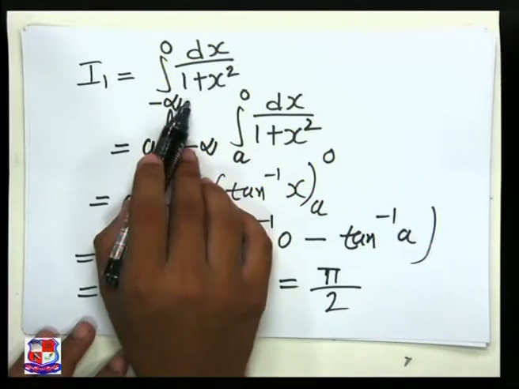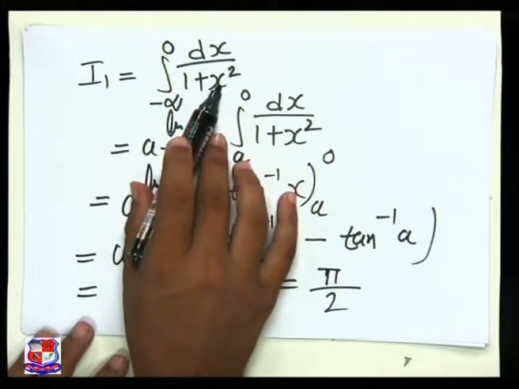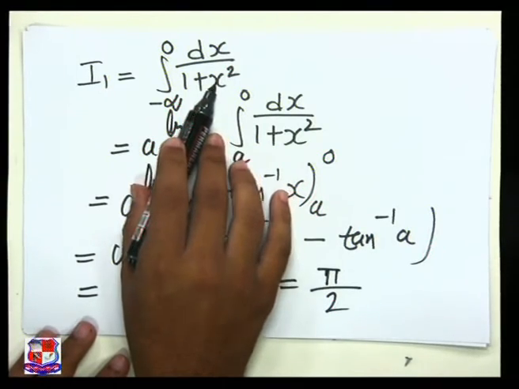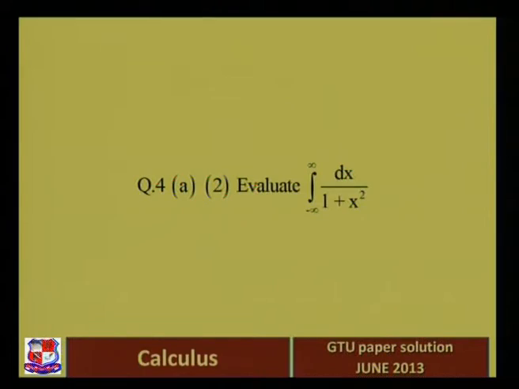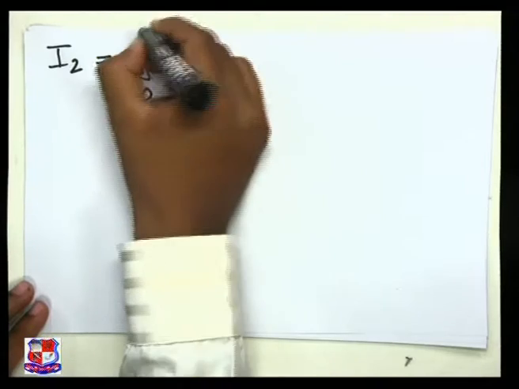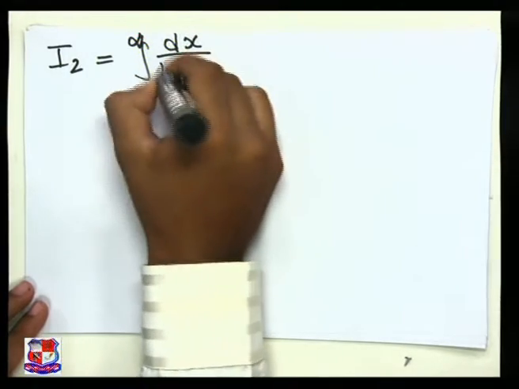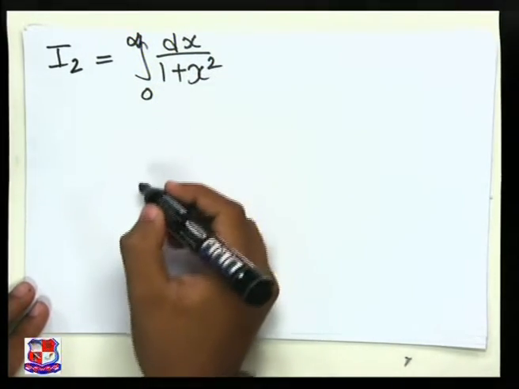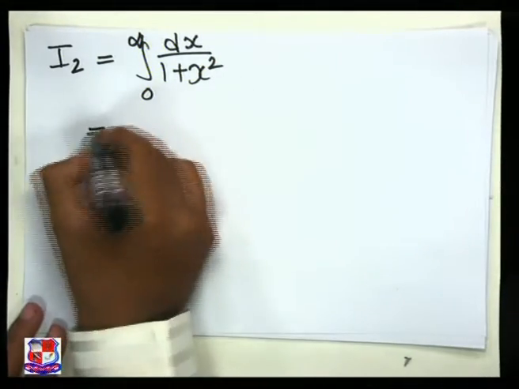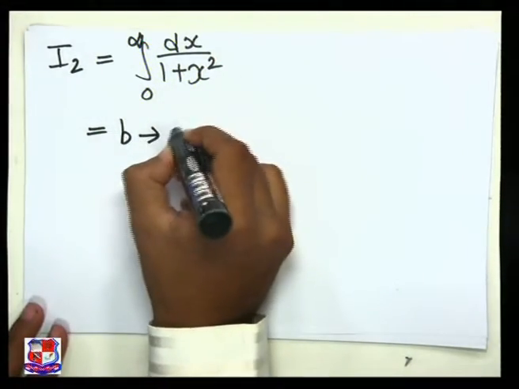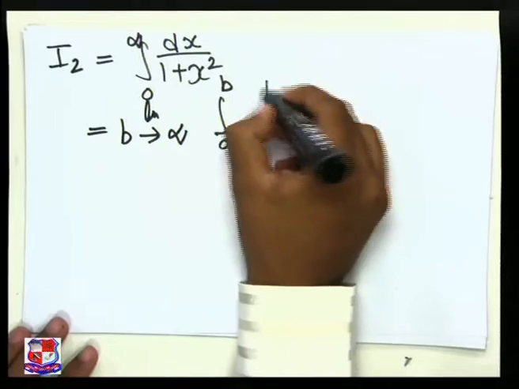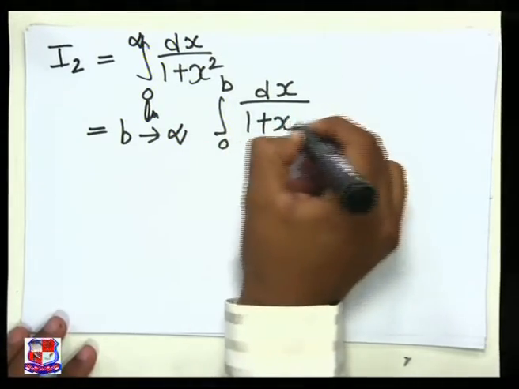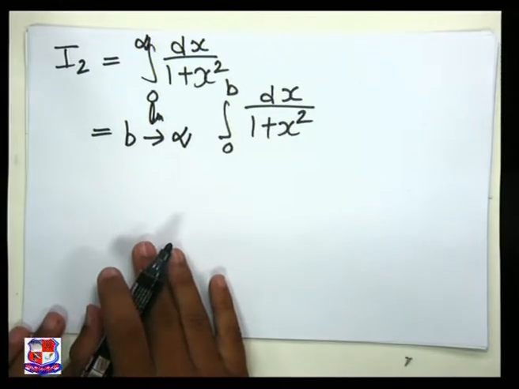So here I2, that is the integration from 0 to infinity of dx upon 1 plus x square, that is equal to the limit as b tends to infinity of the integration from 0 to b of dx upon 1 plus x square. Okay.